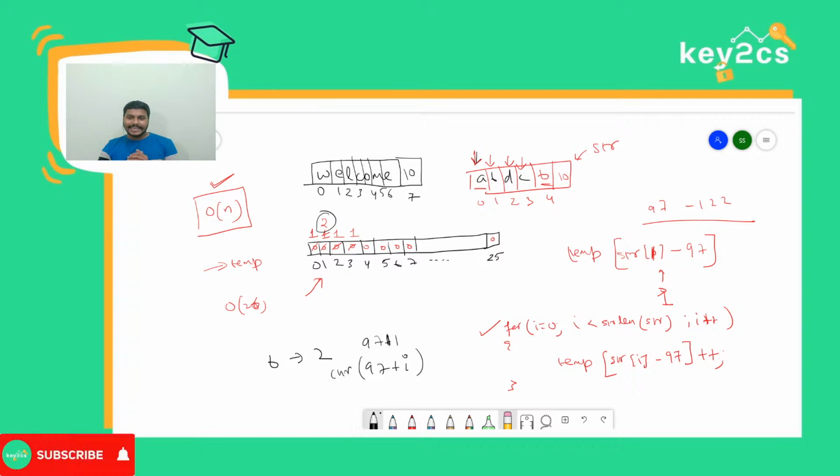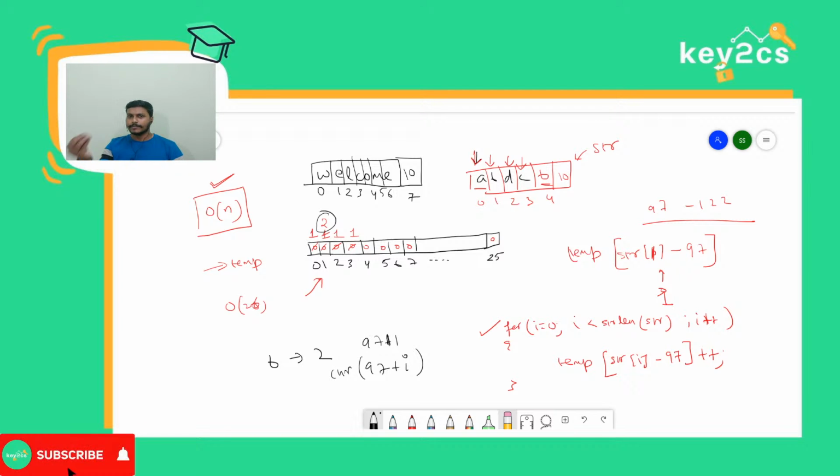So in this array temp, if there is no 0, that means all the characters are present in the string. Are you getting my point? If there is no 0 in the array temp, then all the characters have occurred at least once. Not all the characters, but I should say all the alphabets. So all the alphabets are present in the string, which means that string is a pangram.